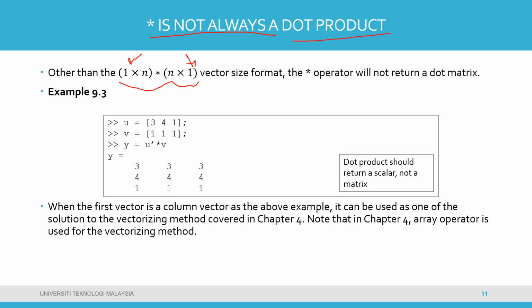This is a vector: 1 multiplied by n or n multiplied by 1. To solve the dot product, you need to make sure that it is a vector and not an array or a scalar. So be careful. If you don't have this kind of matrix, it is not a dot product. It is just matrix manipulation.